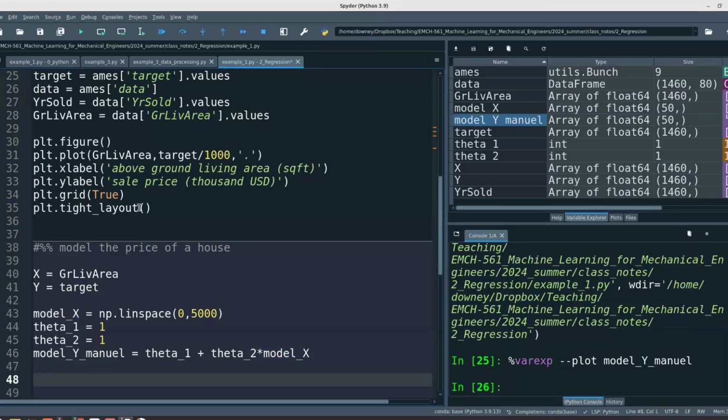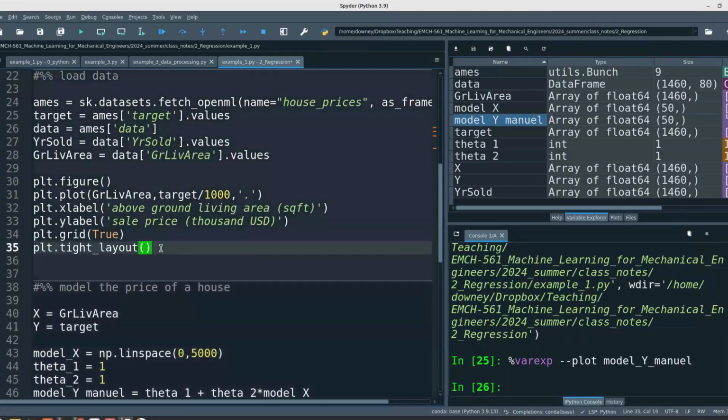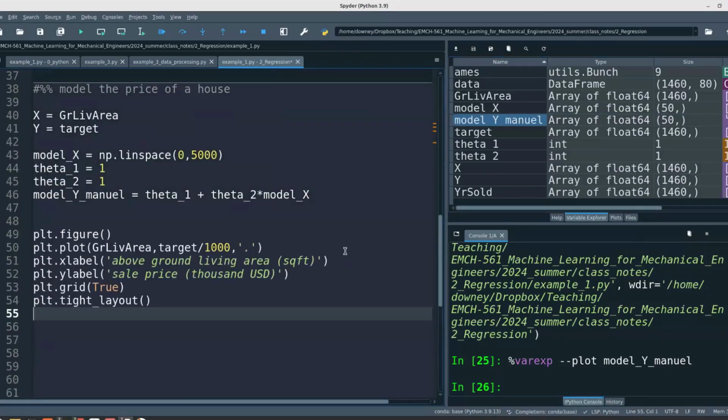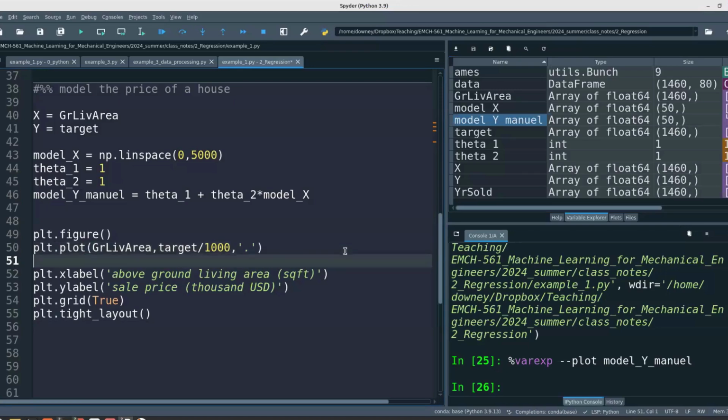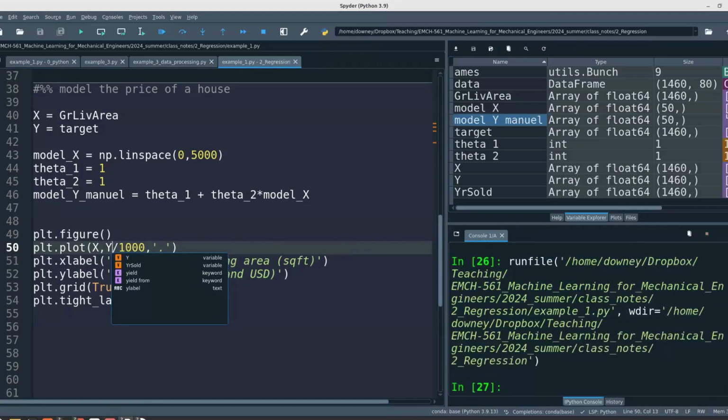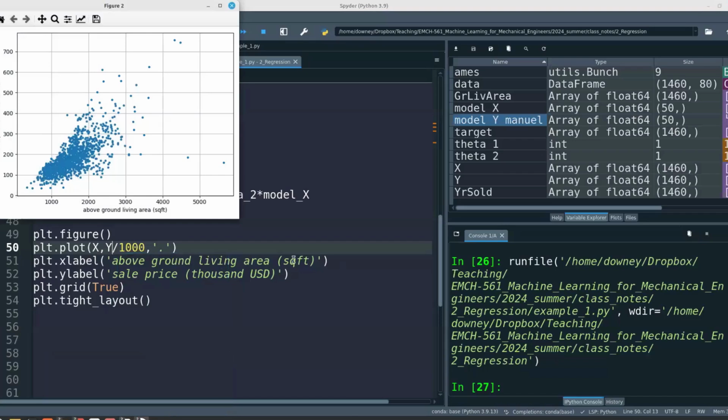So what I'm going to do is just copy my figure from before. You can retype it, but there's no reason to. And I am going to add, real quick, plot X, plot capital Y divided by 1,000, just so we know that we're plotting the right data, right? Okay, good, got the right data.